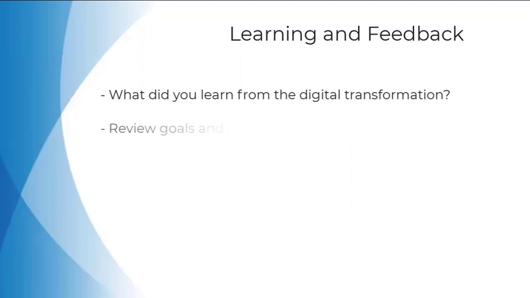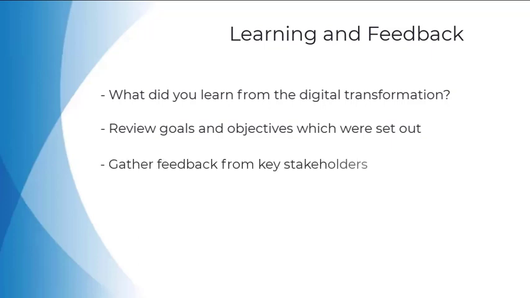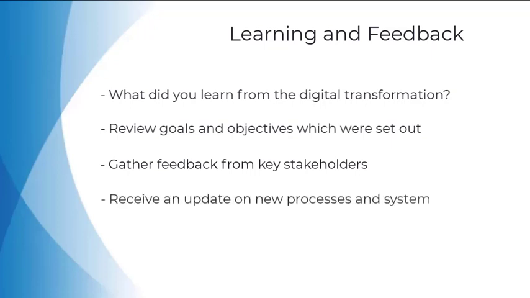This will also be an opportunity to review any of the goals and objectives in terms of anything that you did not achieve, and put further plans in place to achieve these goals. You could also gather feedback from your key stakeholders by conducting group feedback sessions or a digital transformation audit survey, picking up data and feedback around the results of the transformation. And this stage also gives an opportunity to receive a full update on any new systems and processes which have been implemented, to make any further final adjustments which are needed.